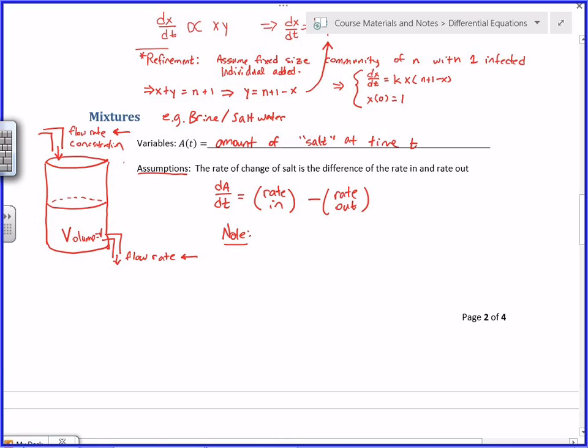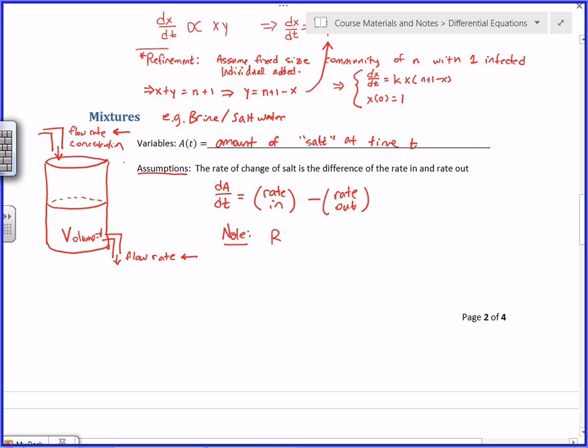Now, typically what you will know is how fast the water is coming in. That is, what is the volume per unit time coming in. And you'll know the concentration coming in. That's how much amount of salt per unit volume.